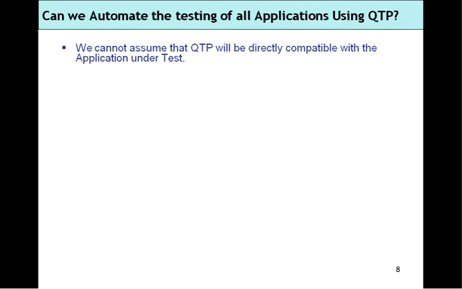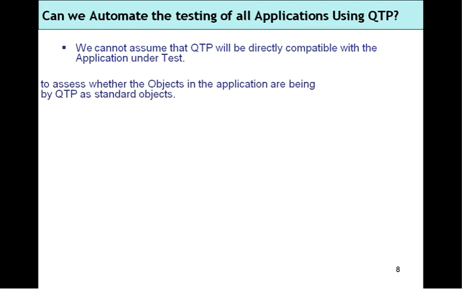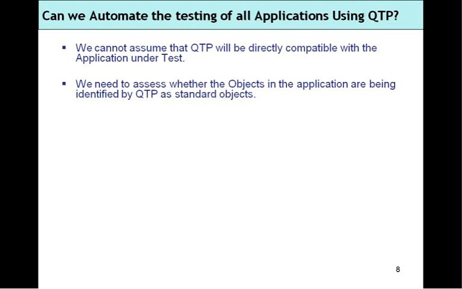The tool itself has certain features, and it will not go beyond those features. We need to assess the objects. Before going to automation testing using any tool, first we have to make sure that my tool is going to identify the objects in the application, whether it is identifying my application or not.